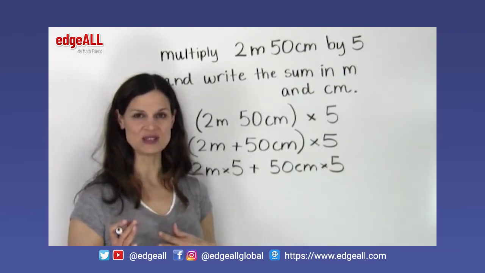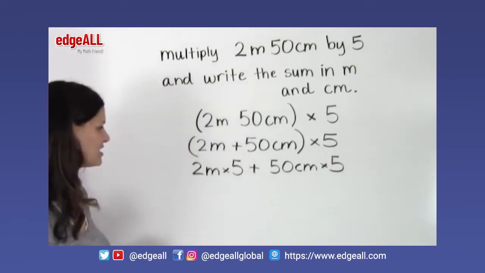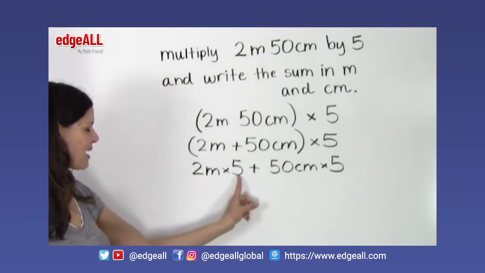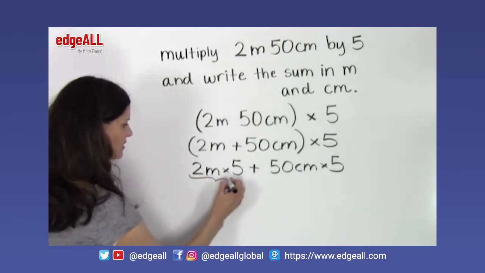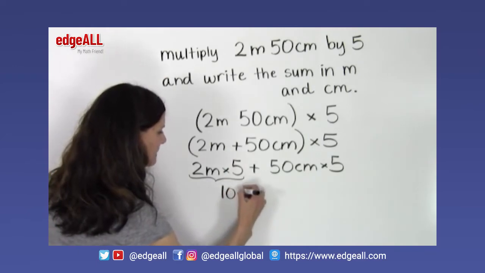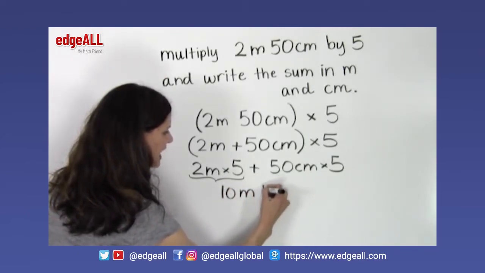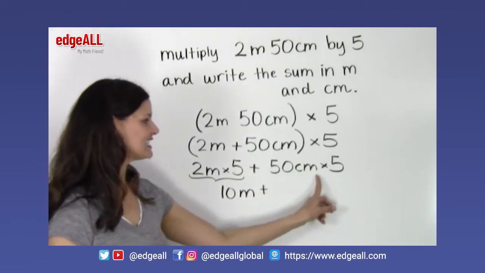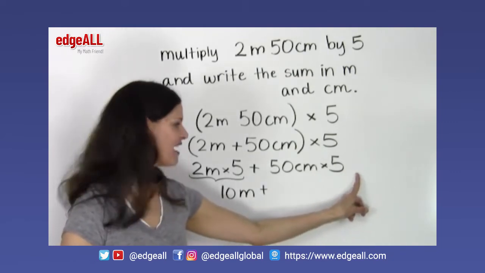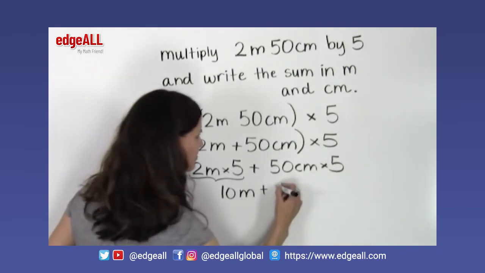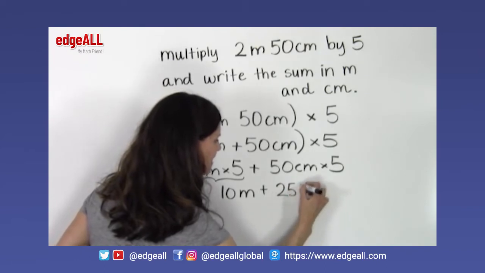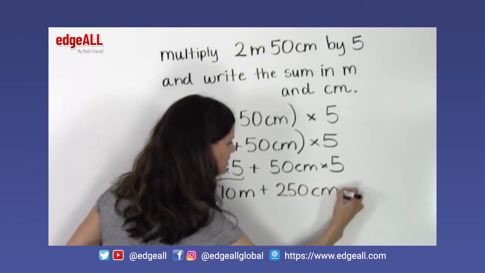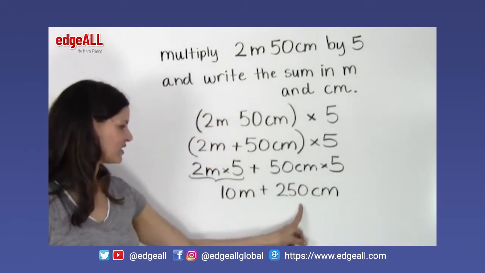So now I'm going to do those two parts of my calculations. 2 meters times 5 equals 10 meters, plus 50 centimeters times 5. 50 times 5 equals 250, so 250 centimeters.